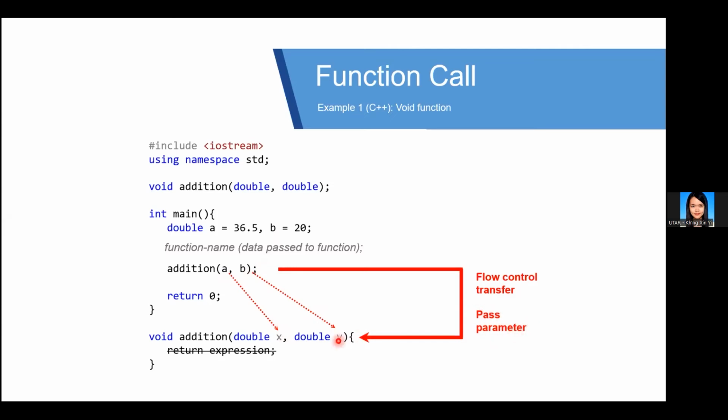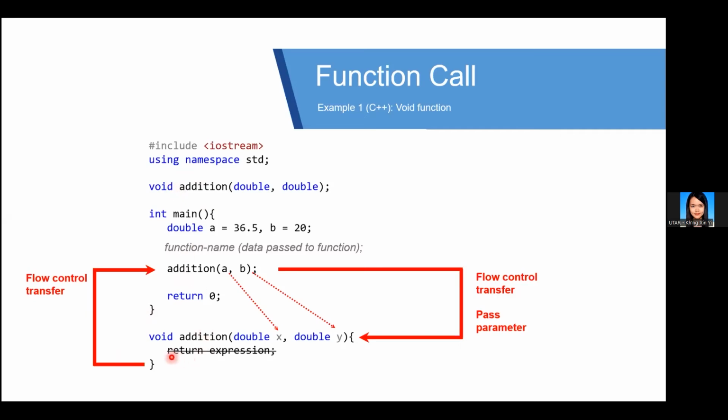Okay, then after the control has been passed down to the addition function and it is done passing down the parameters, of course, it will start to execute any statements inside this function. After the function is done with its job, it will pass the control back to the function caller in the main function. One thing you have to take note of is that since the return type of the function is void, the function won't return anything.